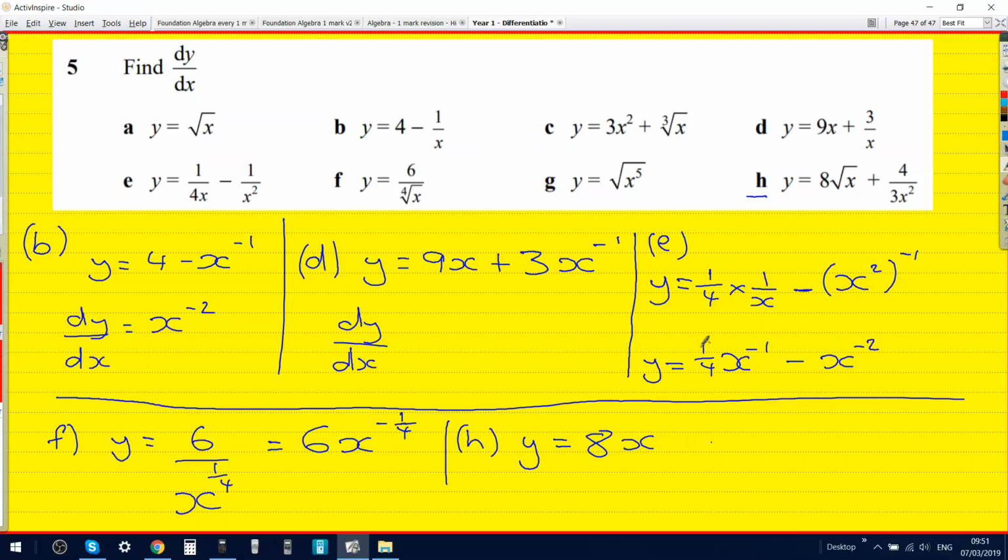No. So 8 times root x is the same as 8 times x. What's the power? Half. Yeah. Okay. Any idea about the second half? No, so I was just trying to work out. Another way of writing that would be 4/3 times 1 over x squared.